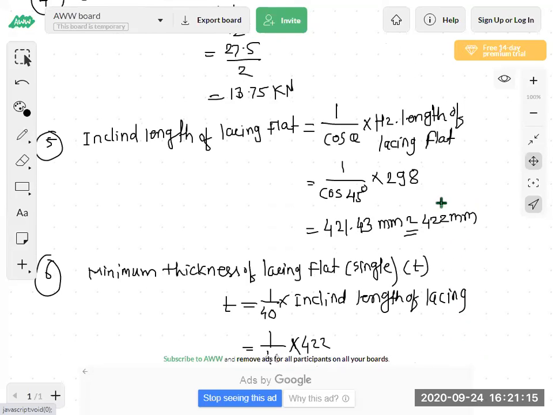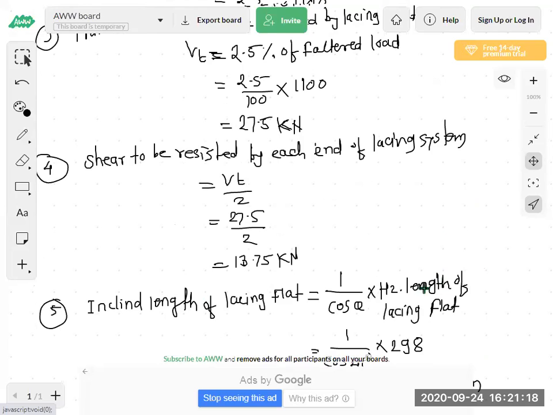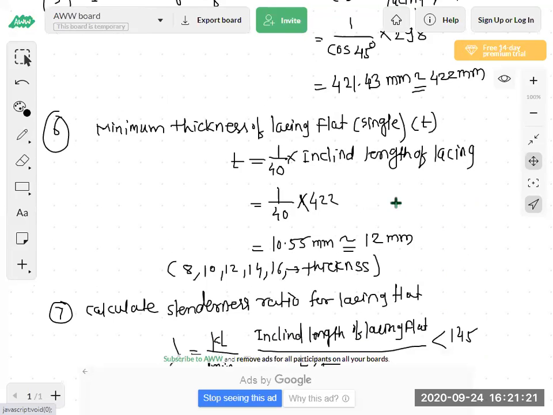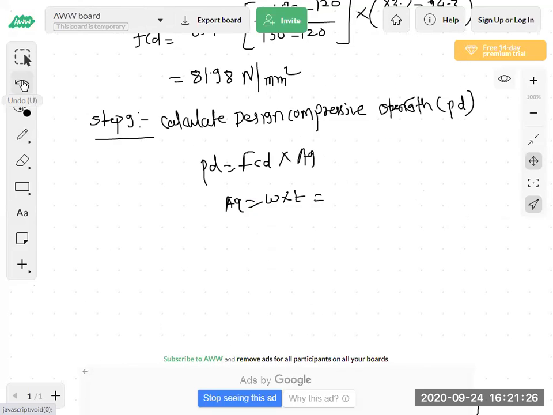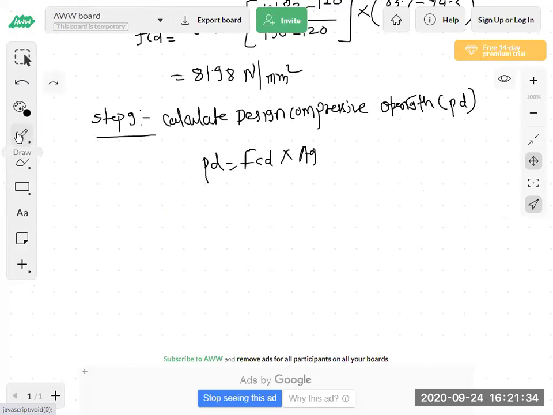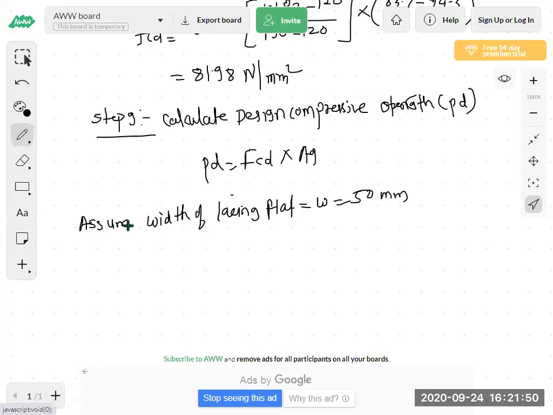Where did that step go, did we miss it? That was the 7th step, sir. Okay, here we will assume. Remember, we have to assume it. So here we have to assume the width of lacing flat. So we will assume W is equal to 50 mm.